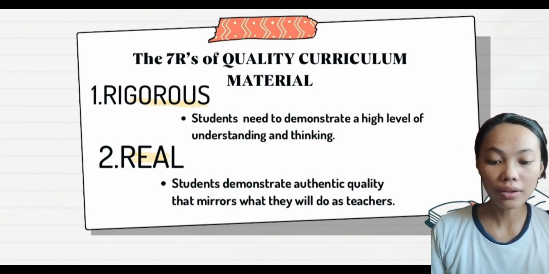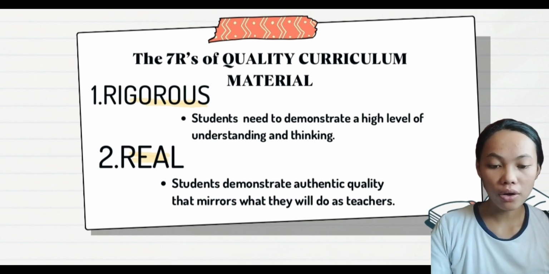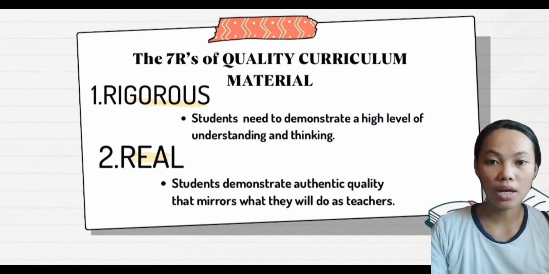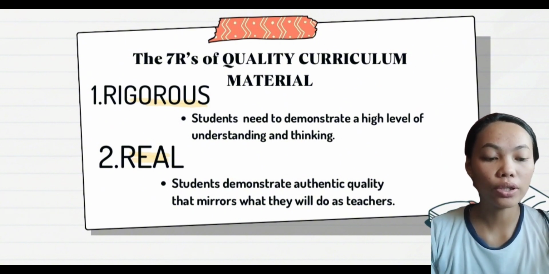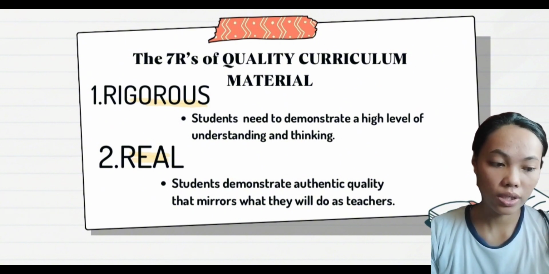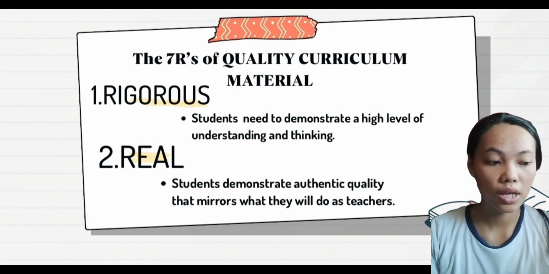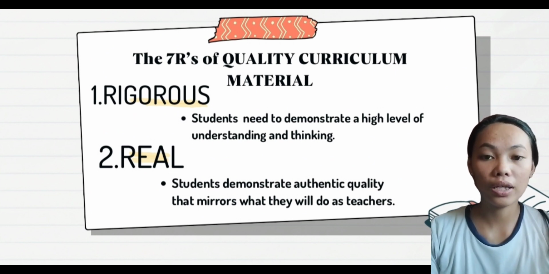While real means students demonstrate authentic quality that mirrors what they will do as teachers. A curriculum material is real if it builds understanding to engage in real life activities related to becoming teachers. Are the topics significant or important to the life of the student?